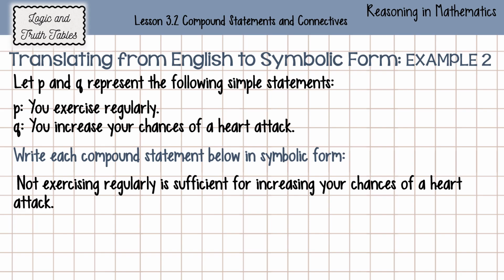So not exercising regularly, that's the sufficient part, and that is not P. It goes first. So not P implies Q is a way to write symbolic form for not exercising regularly is sufficient for increasing your chances of a heart attack.